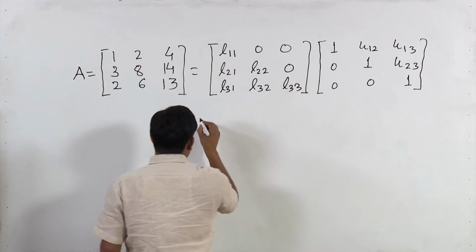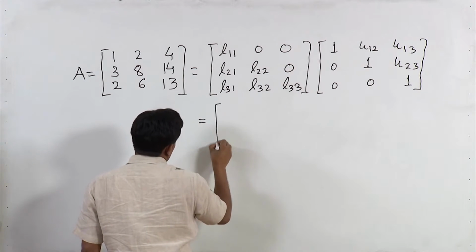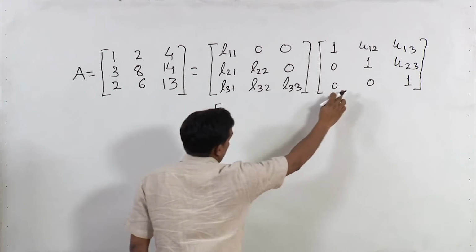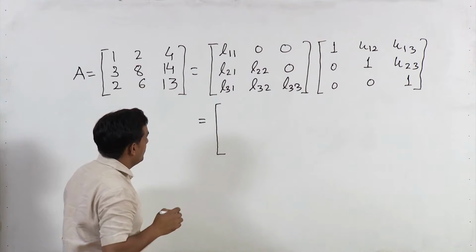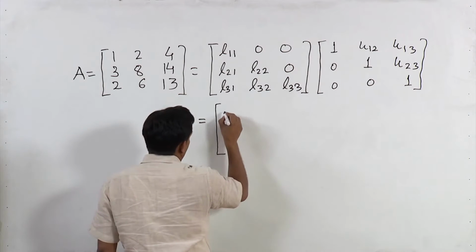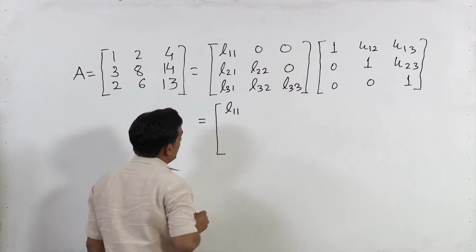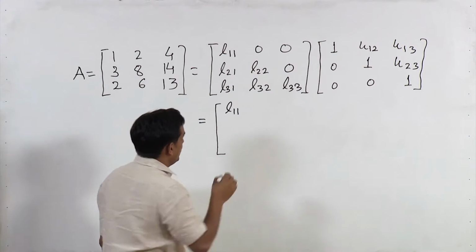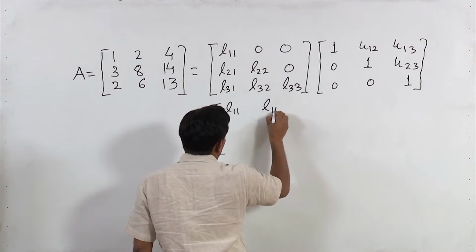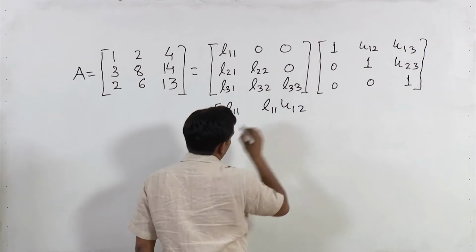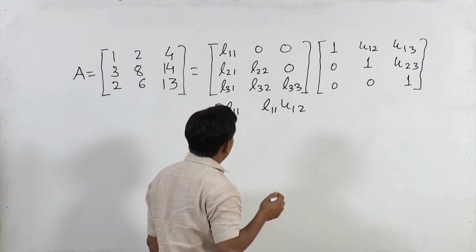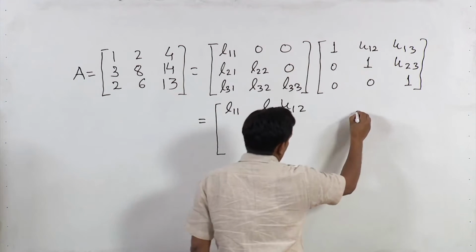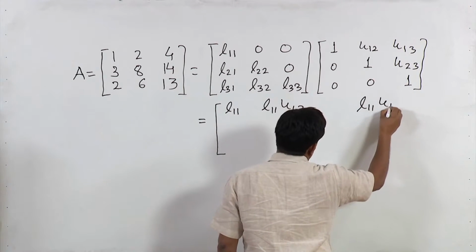Now if I multiply these two matrices, then the first element will be L11, the second element will be L11 U12, and the third element will be L11 U13.